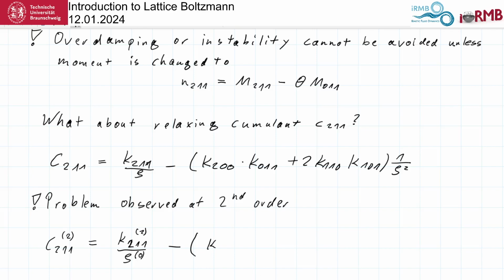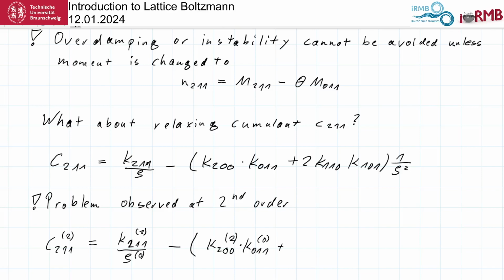So because they have only even orders, there will be no combined term. Let's just write one of them down. So here the product of them needs to be of second order, so the sum of these orders has to be 2.